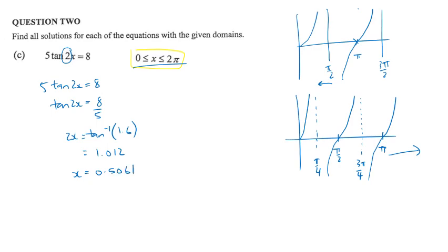So if I draw my line here at 8, what I'm saying is that one there, 0.5061. Now that is from there outwards, give me that answer, from there outwards, give me that answer.